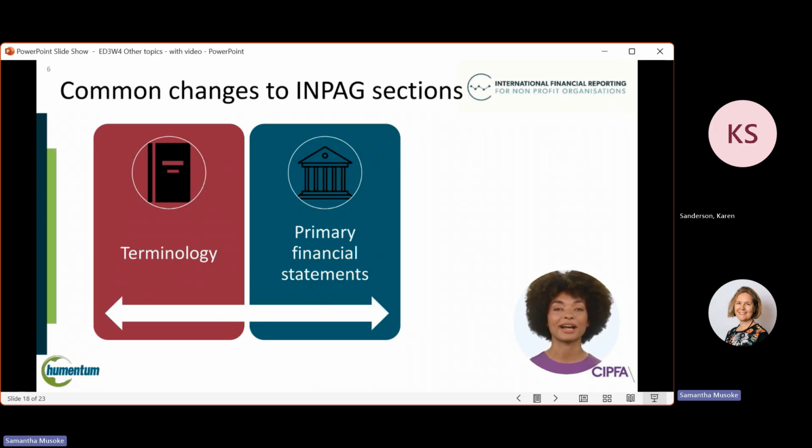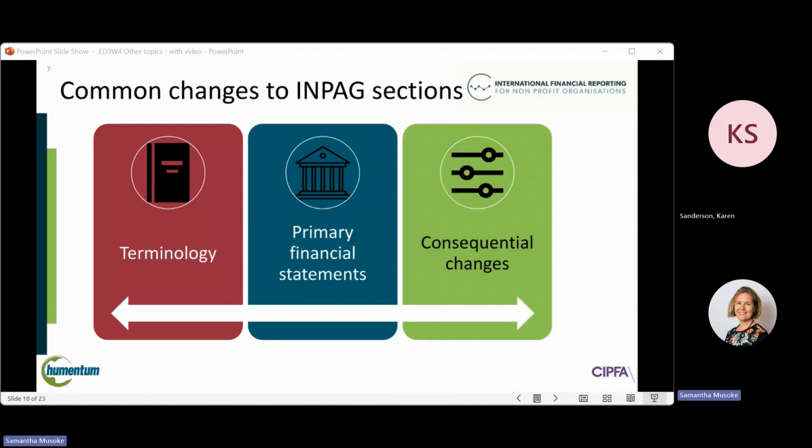INPAG proposes to have a statement of income and expenses and a statement of changes in net assets. The statement of comprehensive income has been omitted. All references to financial statements have been amended accordingly. Thirdly, there are some consequential changes as a result of amendments to other sections. These editorial changes ensure alignment across INPAG and consistency with the proposals in Exposure Draft 1 and Exposure Draft 2.